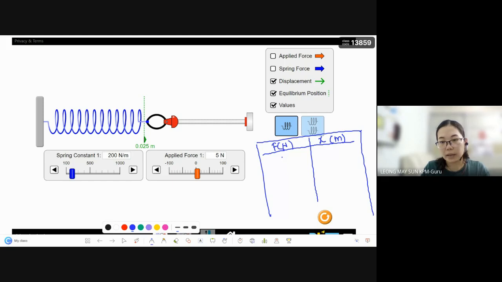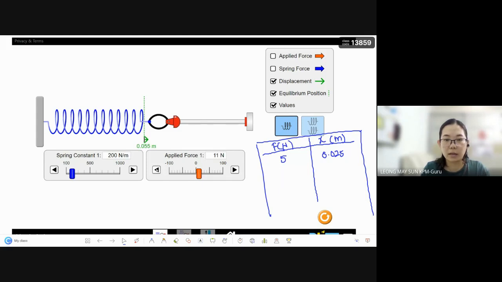So if I extend with a force of 5 Newton, the extension is 0.025 meter. If I extend it to 10 Newton, it would go to 0.050 meter. I continue to extend it to 15.